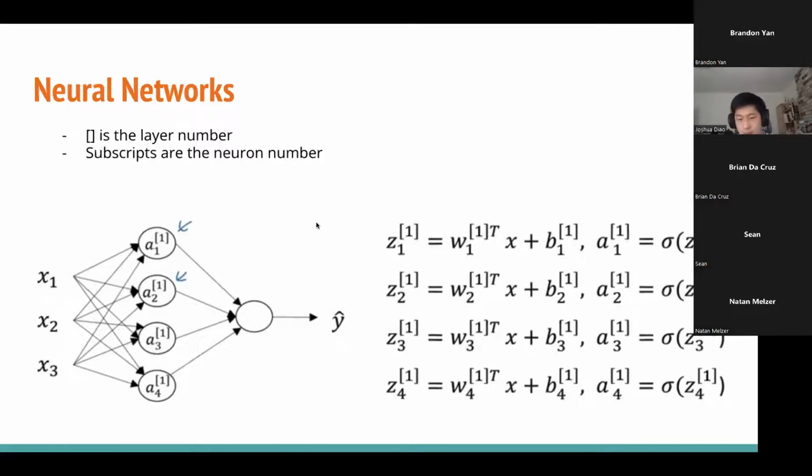So Z1 of the first layer, these equations are all for our first hidden layer, is equal to W1 of layer 1 transpose X plus B1 of the first layer. And we're going to be inputting that into our sigmoid function, which will give us the value that we want. And we'll put that back into the neuron that we are outputting. So A1 is basically this neuron, then A2, A3, A4.